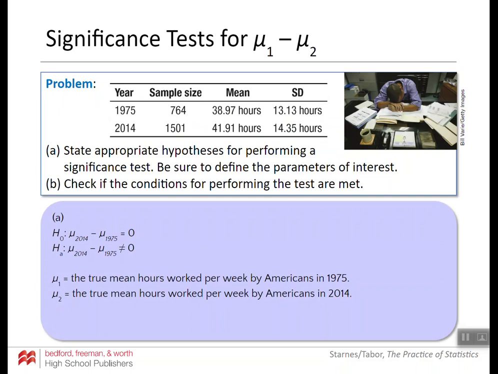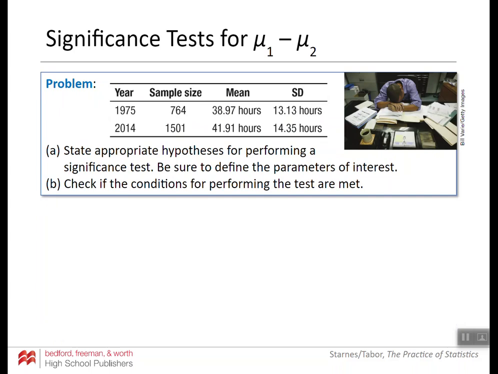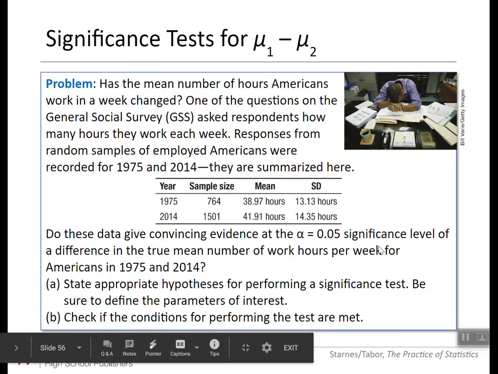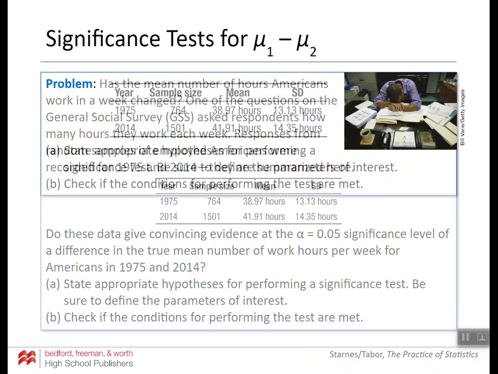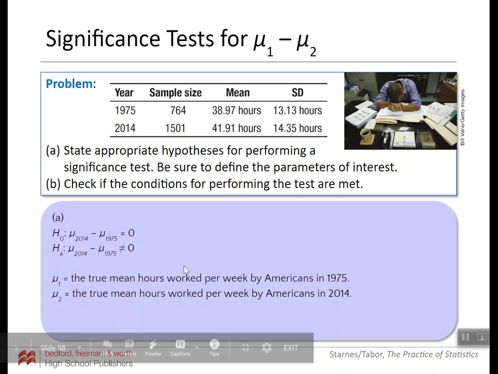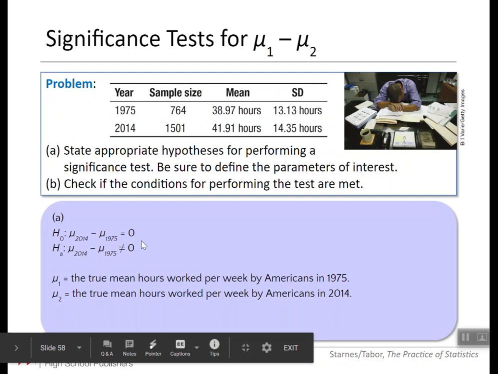If the problem was stated differently, because this says, did the data give convincing evidence of a difference in the true mean number of hours worked? If they had said, does the data give convincing evidence that people worked more in 2014, then you would change this to be greater than 0.